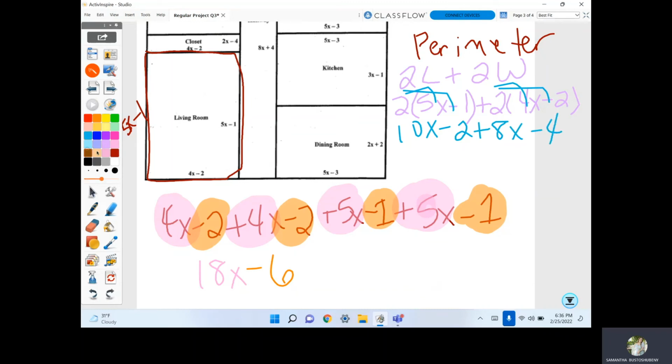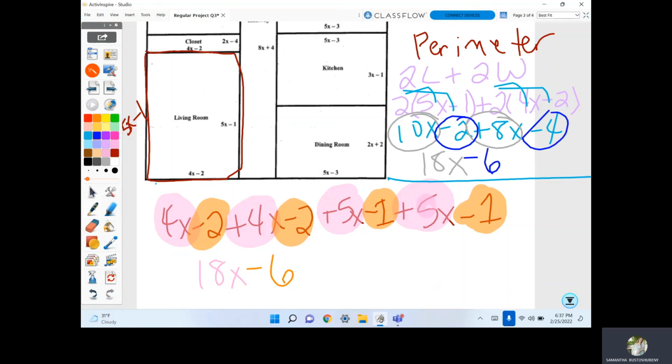This is the same idea, but a different method. I've got 10x and 8x is 18x, and -2 and -4 is -6. So as you can see, I have different methods, but I have the same answer. Whatever works out for you.